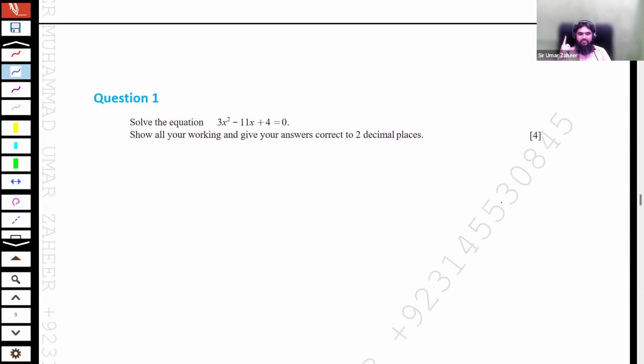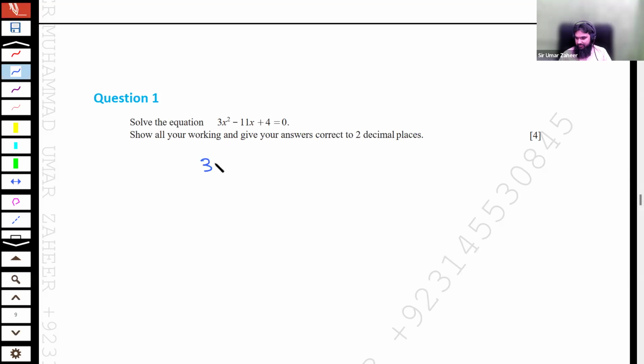So the first step is that the coefficient of x square must be 1. So, Ishal, how can we make the coefficient of x square 1?